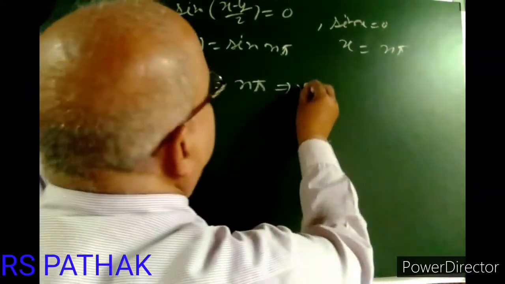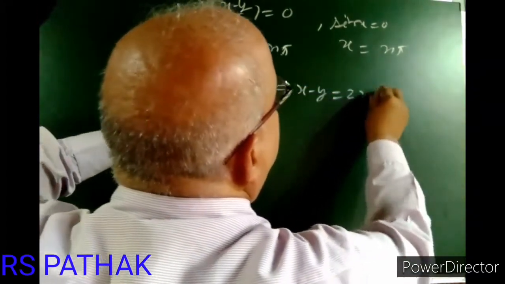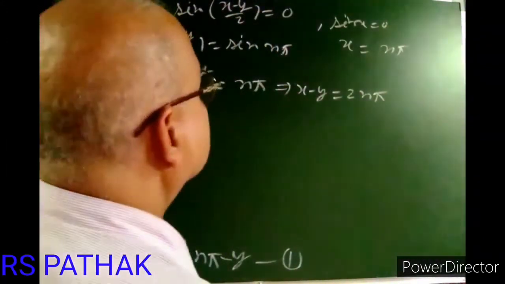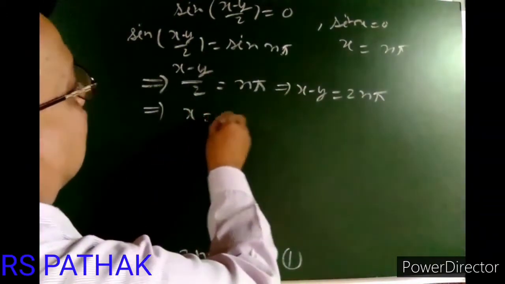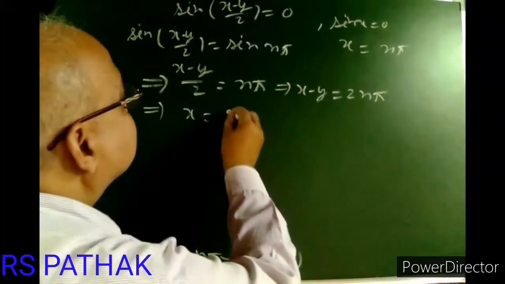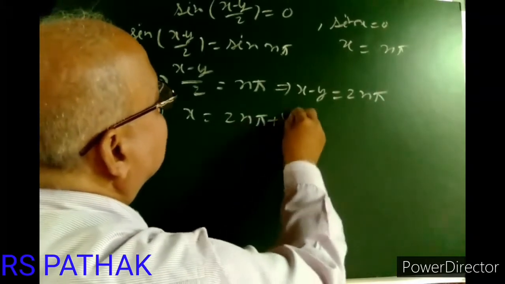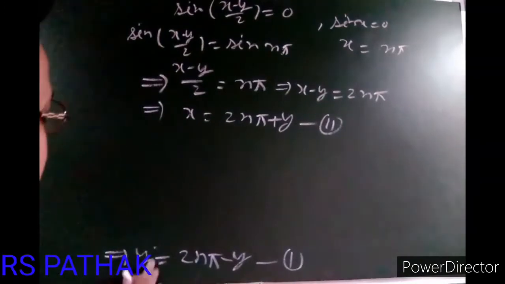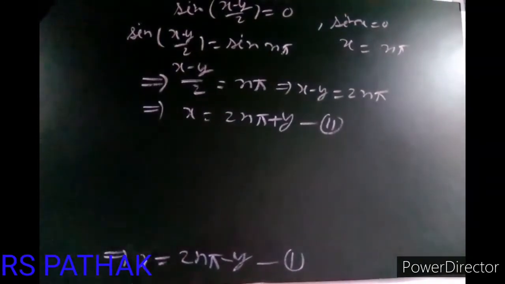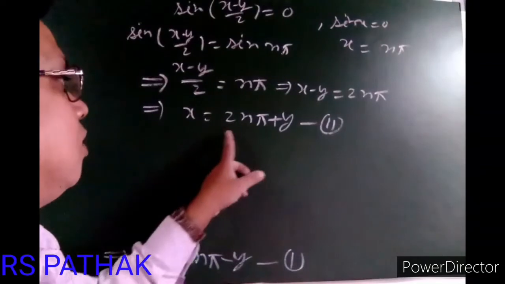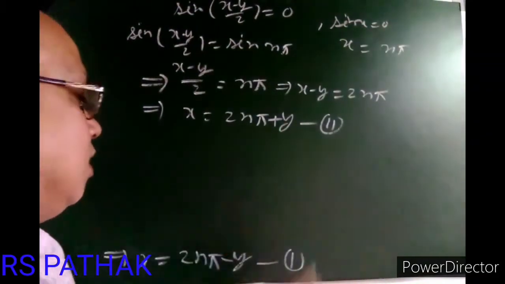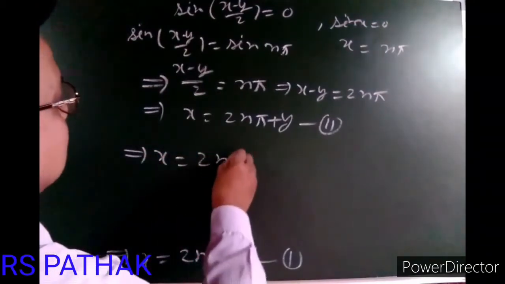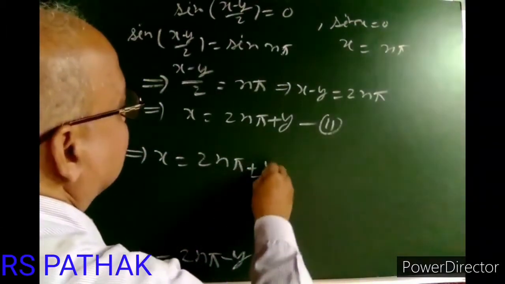This can be written as x minus y equal to 2n pi. x equal to 2n pi plus y. Number 2. One is this is x. x equal to 2n pi minus y and x equal to 2n pi plus y. Combining this, we can write as x equal to 2n pi plus minus y.